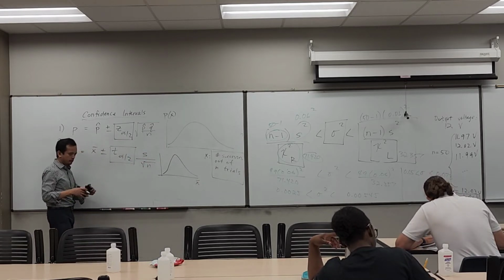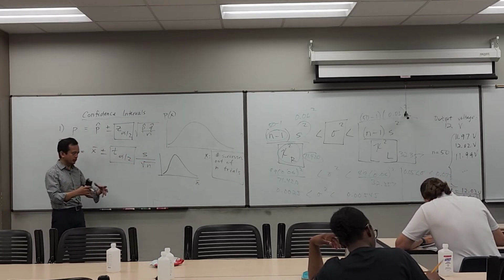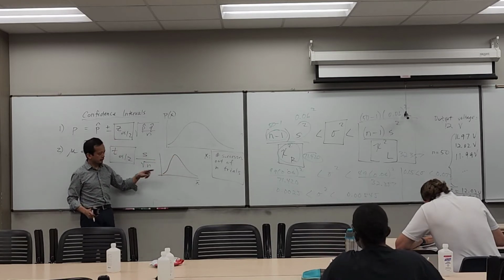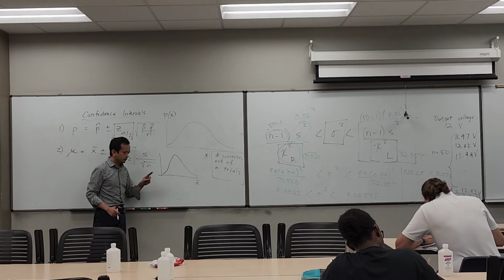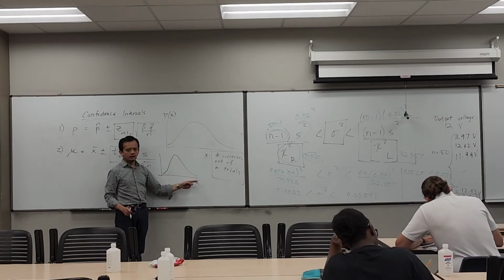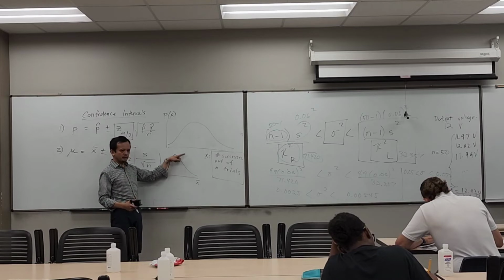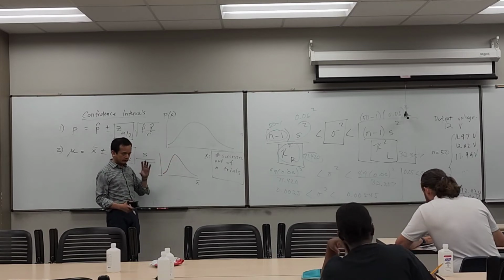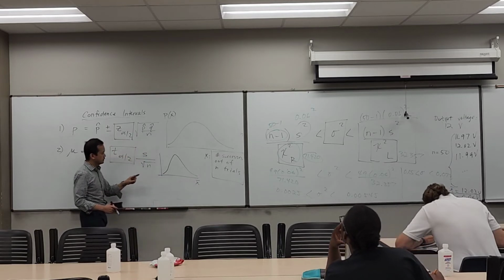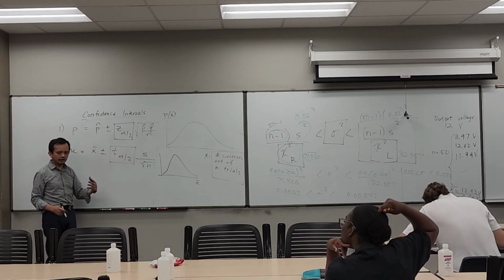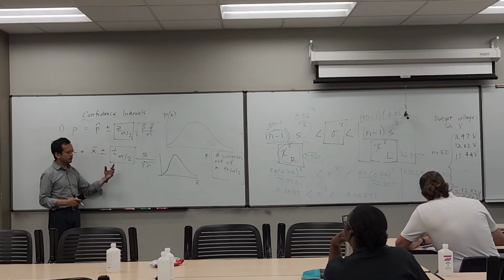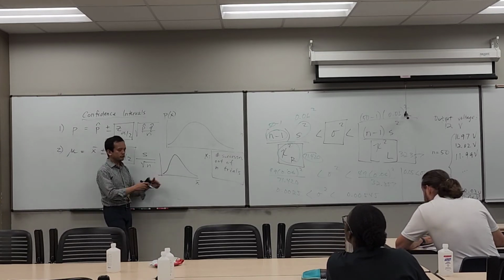So if you take a whole bunch of samples and take the means of those and build a histogram, you'll see this distribution. But recall, we said that if you have a distribution of sample means, usually by the central limit theorem, it should be a bell curve. But that's only if sigma is known. But in this case, if the population standard deviation sigma isn't known, you only have the sample standard deviation known, then you have this t-distribution.